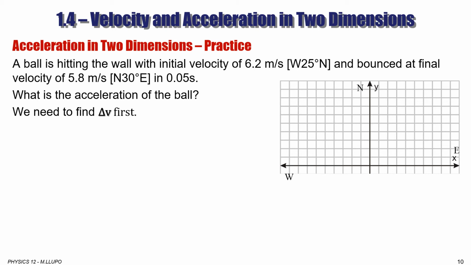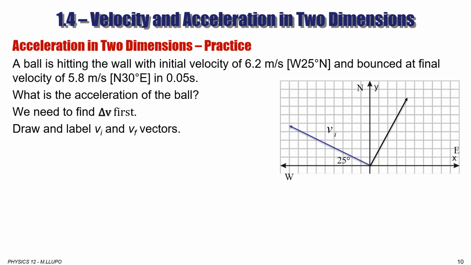So in order to find the change in the velocity, you can draw the vectors first. Make sure you draw it nicely, proportionally. You don't need a ruler or protractor, but you can draw approximately the angle and approximately the length, proportionally as well. So let's say that the vector v initial is longer than v final.